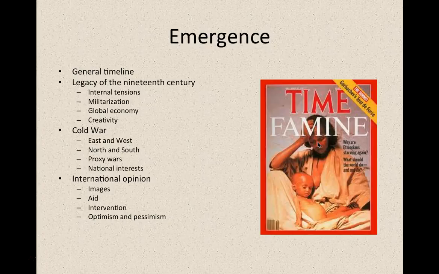And then a few months later, when genocide erupted in Rwanda, the Americans and others were reluctant to send any kind of aid or intervene in any way militarily because of what had happened in Somalia.